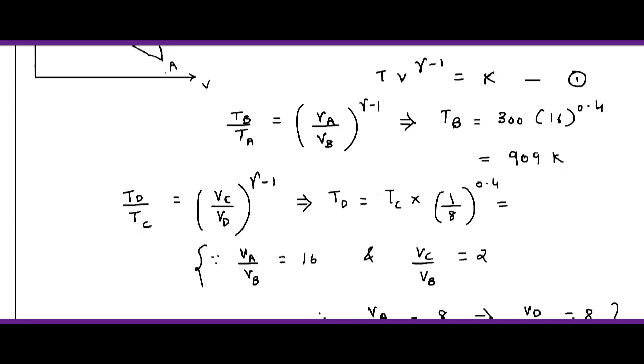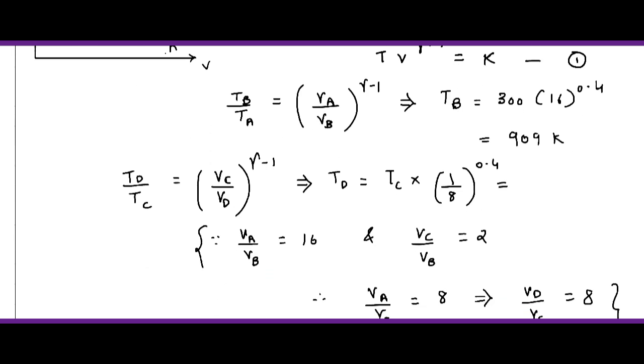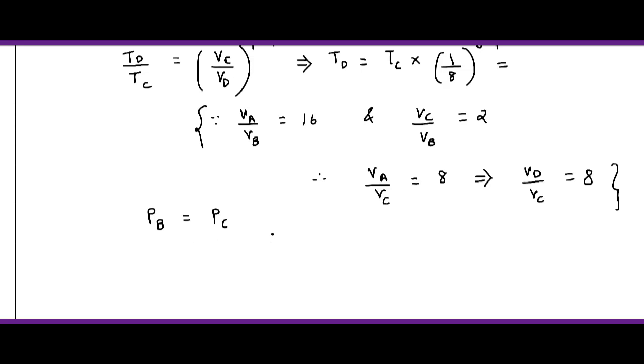Now to calculate TC, the pressure at B and pressure at C is equal, as the process is isobaric from B to C. Therefore we can write VB by TB equals VC by TC.